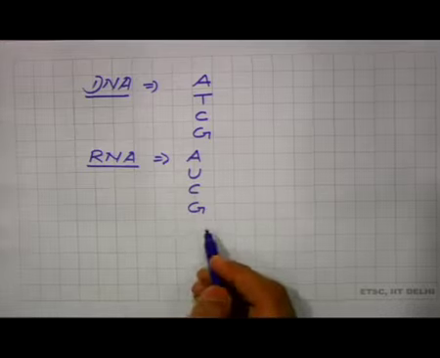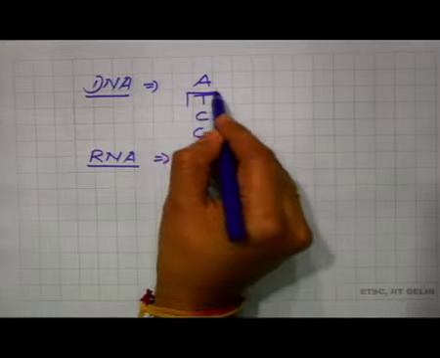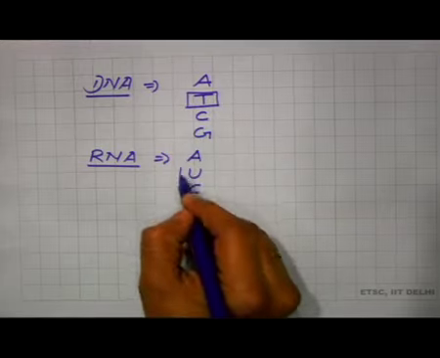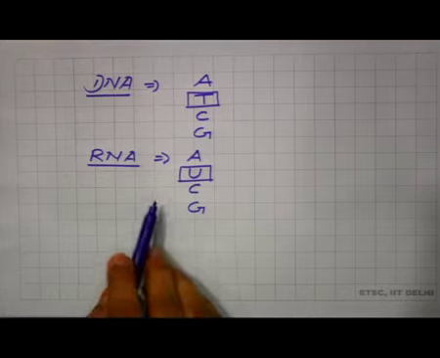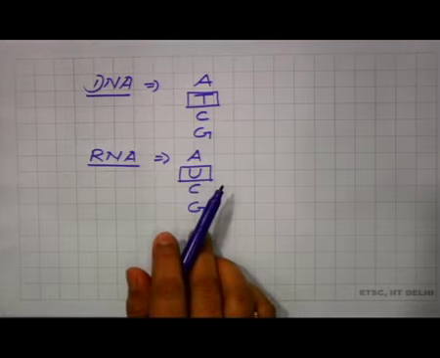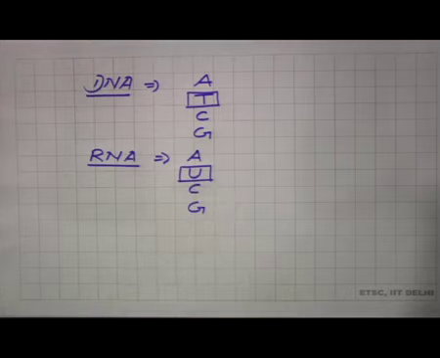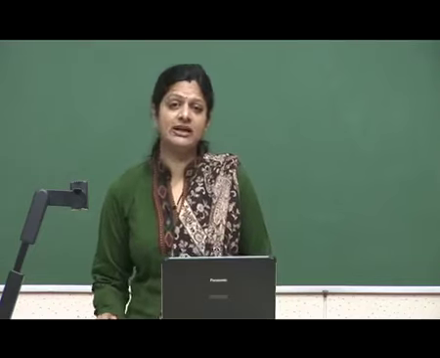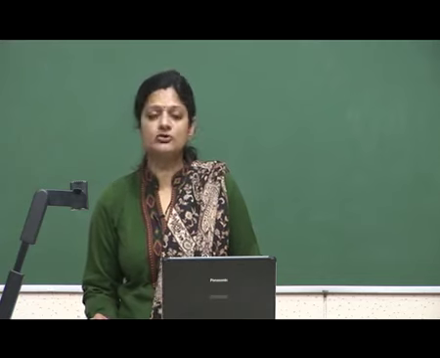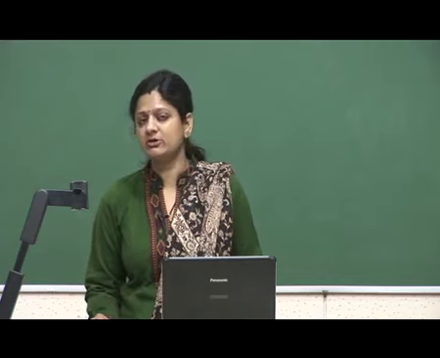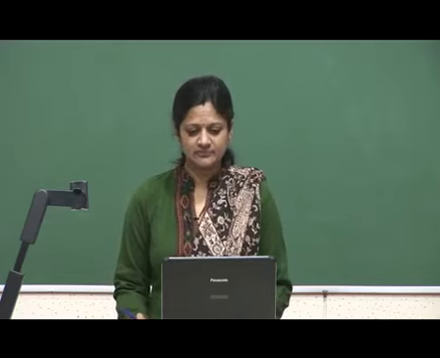So you can see there is a big difference between DNA and RNA: the presence of thymine in DNA and the presence of uracil in RNA. While writing the RNA, you have to remember that you are not supposed to write thymine, because thymine is not there in RNA.